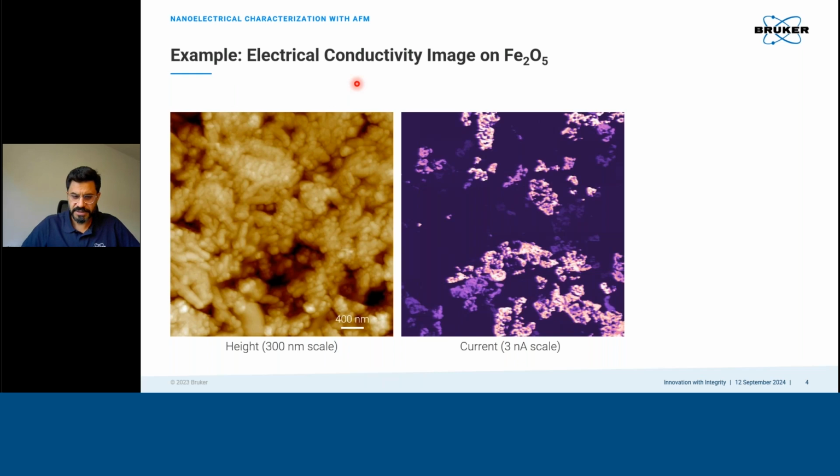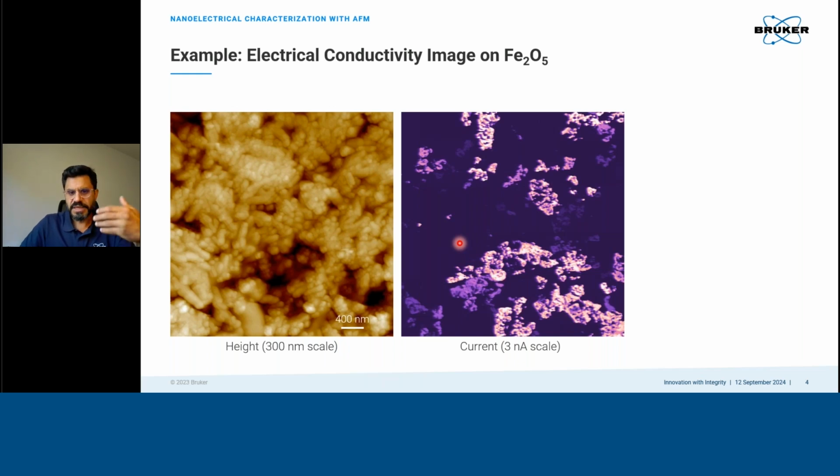of the materials. Here I show an example where you can see on the left image the surface topography of an iron oxide, and on the right image the corresponding current measured simultaneously with topography while the AFM probe is in contact with the surface. So on this image, the contrast represents the value of currents.